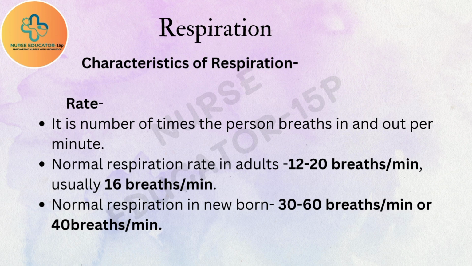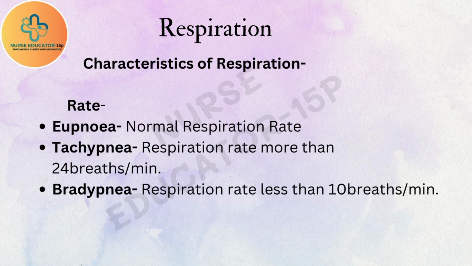The normal respiration rate in an adult is 12 to 20 breaths per minute, usually 16 breaths per minute. The normal respiration rate in a newborn is 30 to 60 breaths per minute, or 40 breaths per minute. The normal respiration rate is called eupnea.